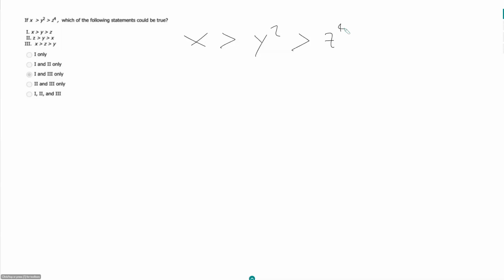So maybe if we can just come up with one example for x, y squared, and z to the fourth, or a few examples, then we can see what that tells us about x, y, and z. One example would be, let's say x is equal to 100, y squared is equal to 81, and z to the fourth is equal to 16. So this works.